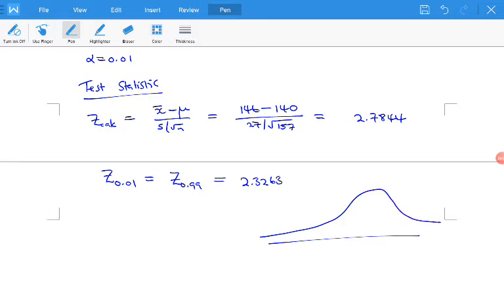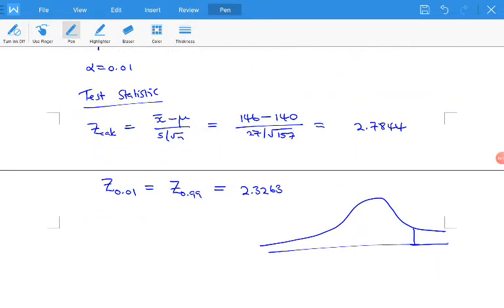So if we draw our normal curve, since we have a greater than sign, our rejection region is on the right side. So it's 2.3263. So this is the rejection region.